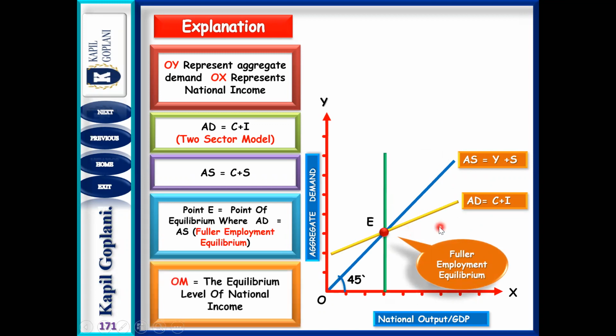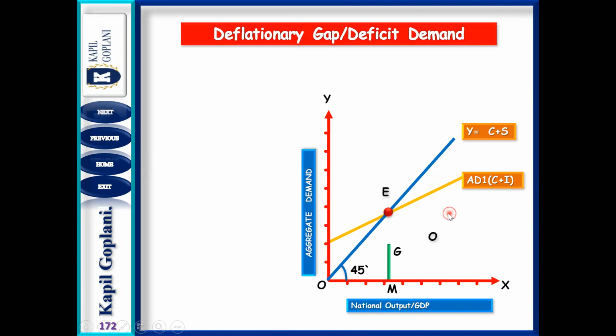Deficient demand occurs when AD changes its position, but this time AD is decreasing. AD will move in a downward direction. Why? Because there are many reasons related to this.